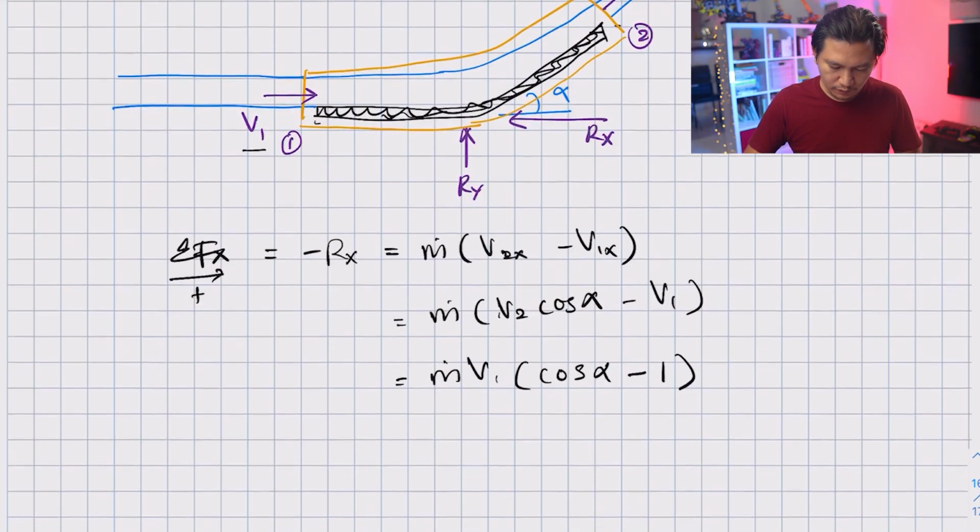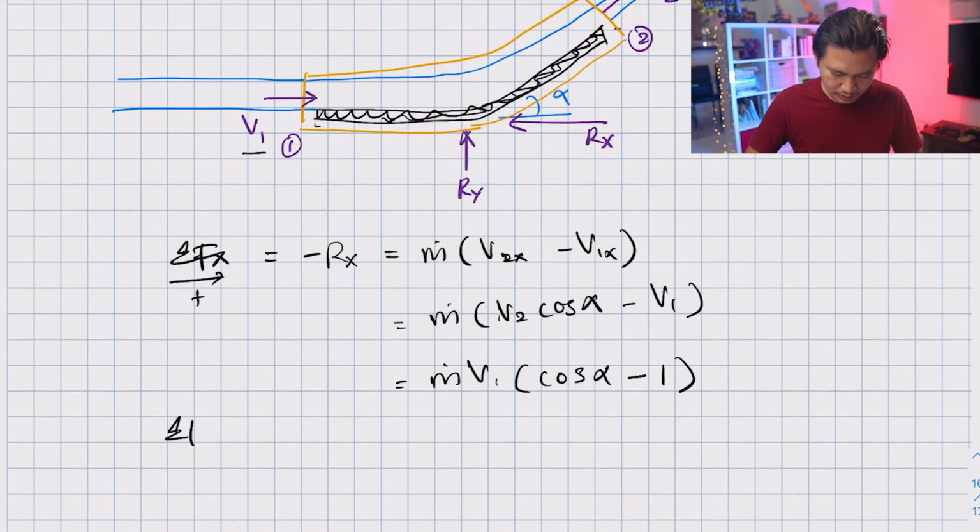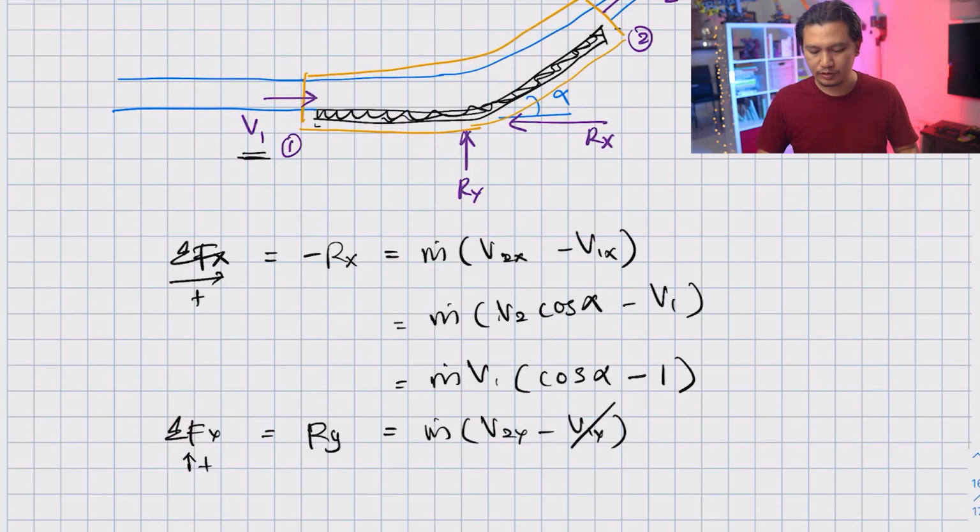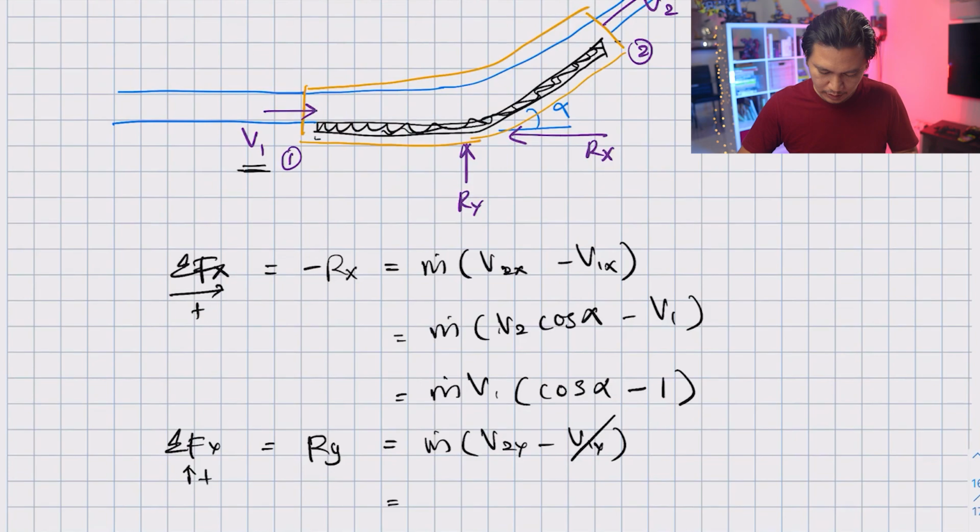For the summation of force in y direction, this is even simpler. Upward is positive, and Ry equals m dot times V2y minus V1y. At point 1 there is no y direction, so V1y is 0, and V2y is simply m dot V2 sine alpha.